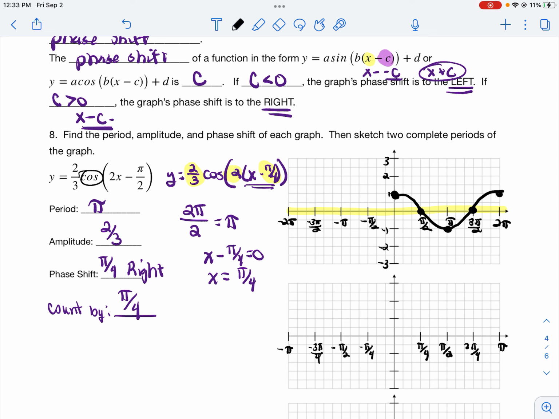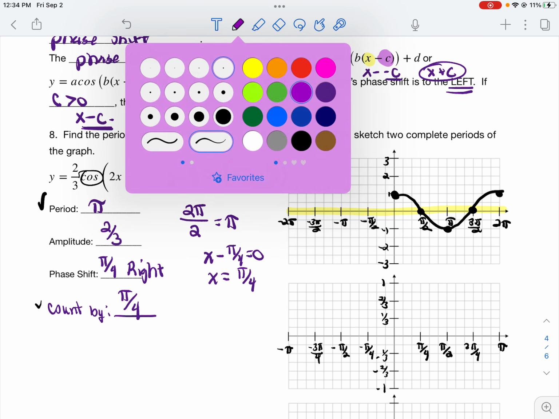My amplitude is going to be 2/3, so I'm actually going to count by 1/3. Okay, so that'll be easier for me to graph. Now, changing the scale down here, these count by things, that takes care of my period. So I'm going to be able to sketch my period from that information.